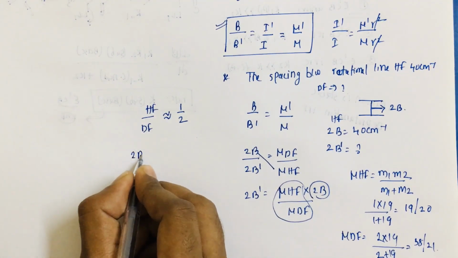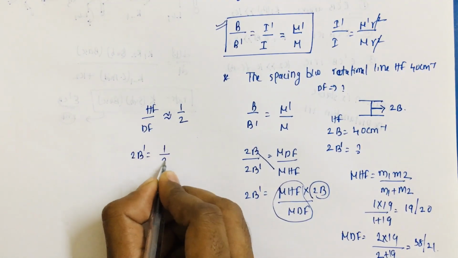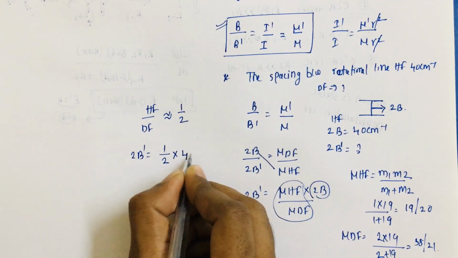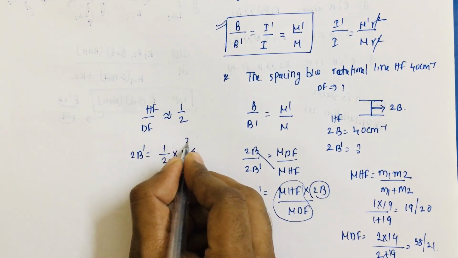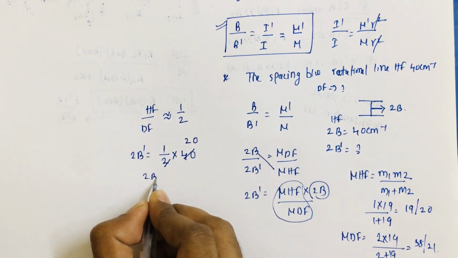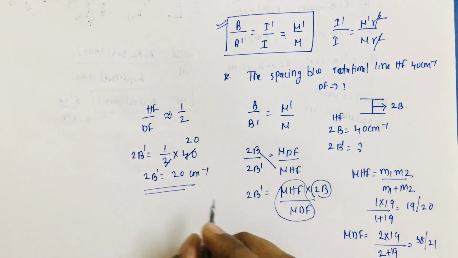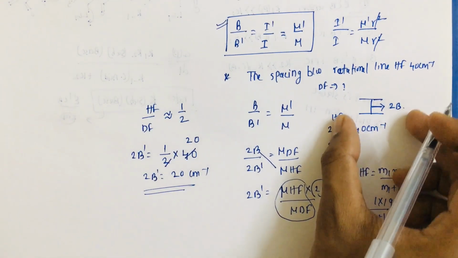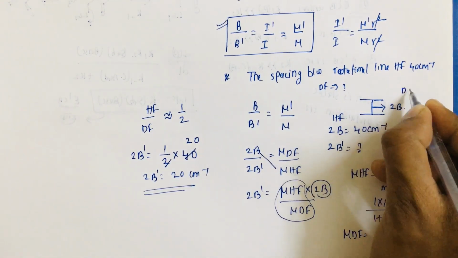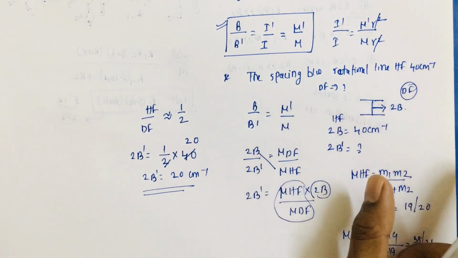So 2b dash equals 1 by 2 into 40. So this will be 20, and 2b dash equals 20 centimeter inverse. So the spacing between these two lines for DF is 20 centimeter inverse.